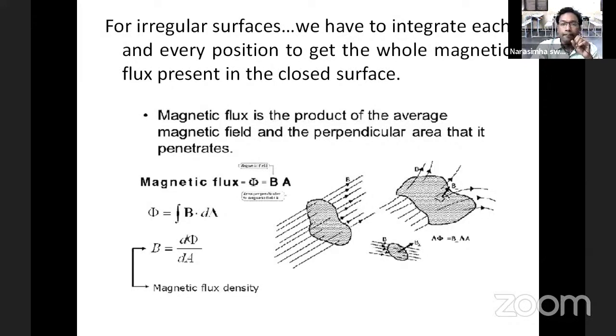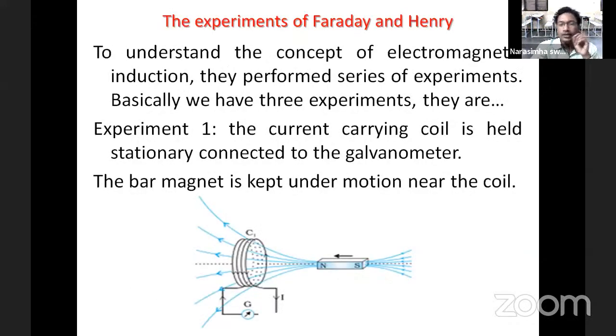Right. As we discussed in the introduction, how electromagnetic induction is produced: whenever there is a change in magnetic field at a conductor or a coil, current will be induced.